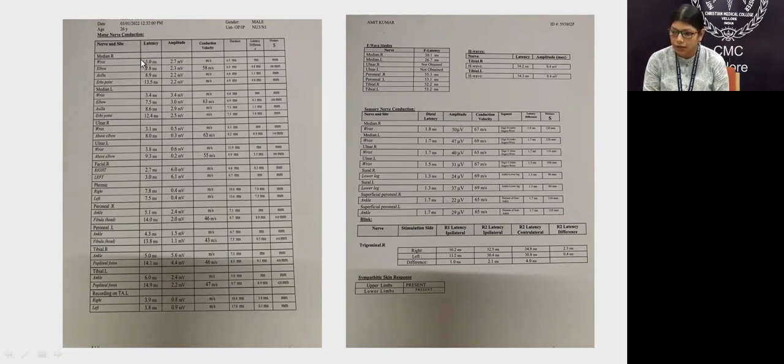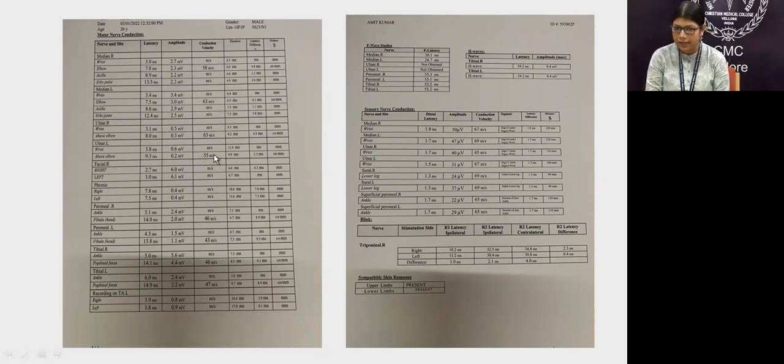Here the SNAPs, the amplitude we take it as 20. So everything is more than 20, and hence the SNAPs are normal. Now the other thing to look at is the distal latency. The cutoff in our lab is 4 in both upper limbs and lower limbs. So here the distal latency is 3, 3.4, 3.1. These are not prolonged, and the conduction velocity, the normatives which we take in our lab in upper limb is 50 to 60.